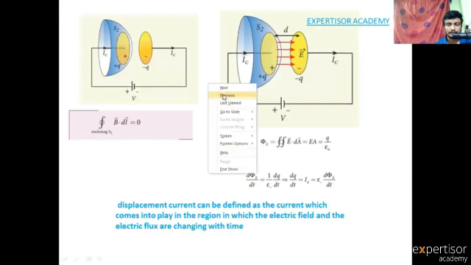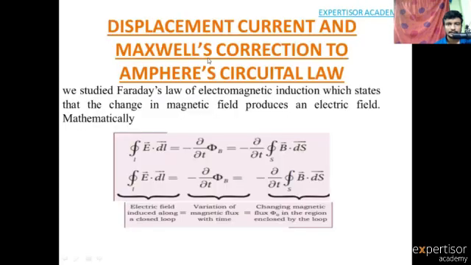So in this video we discussed the displacement current and Maxwell's corrections. Here the induced electric field gives the magnetic field.